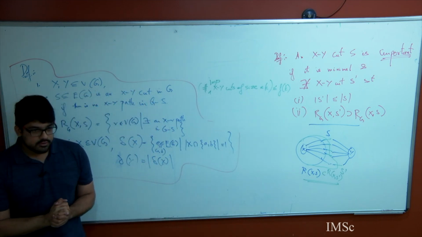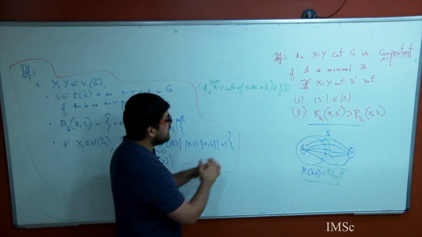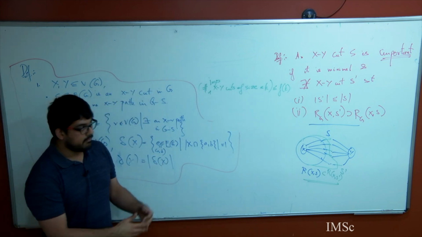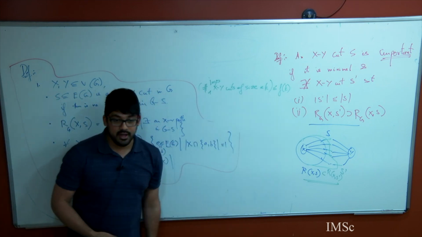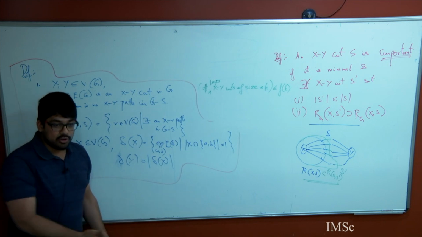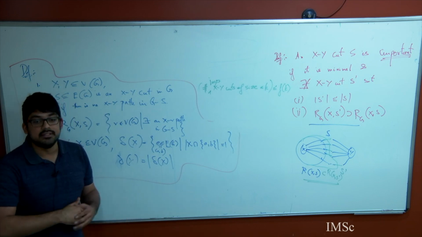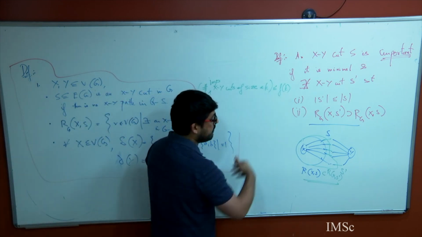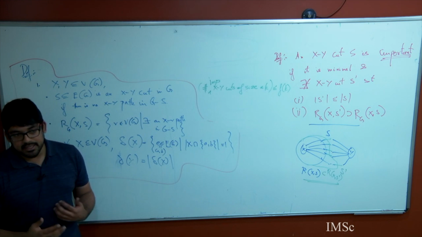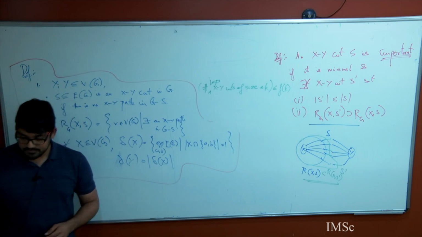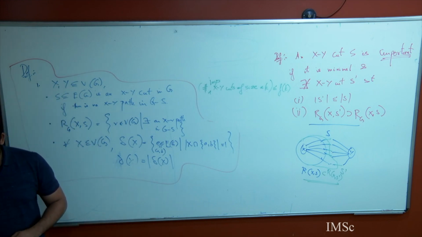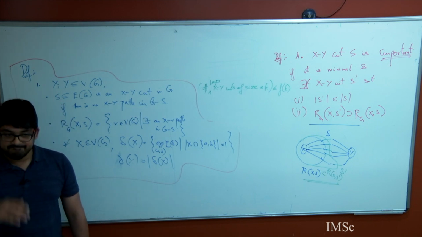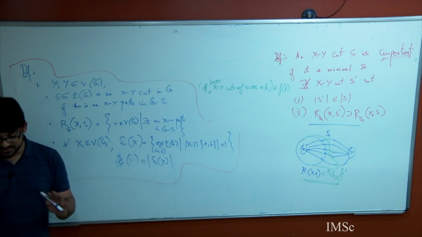So if you were able to compute this big set, it's big but not too big, still a function of k, then you could just branch on all the separators inside this set, because each of them has size at most k, and there are only f of k many of them. That's typically the way you would end up using it. Don't worry, we will see a concrete example.